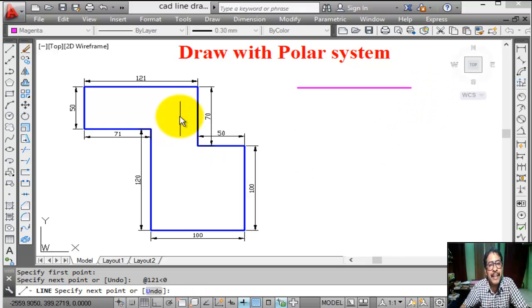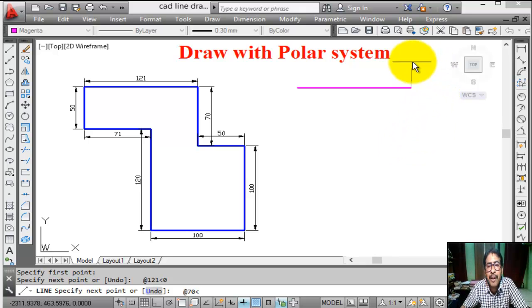Okay, next point, specify next point, this line is 70, we draw at the rate of 70, angle.